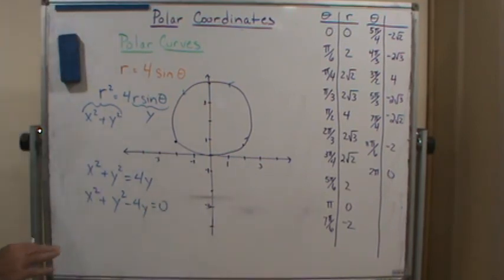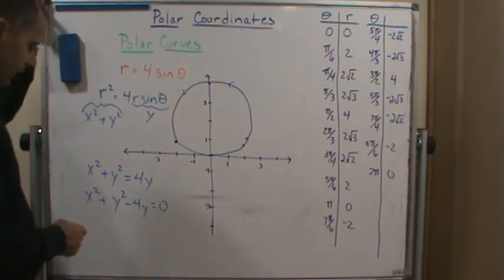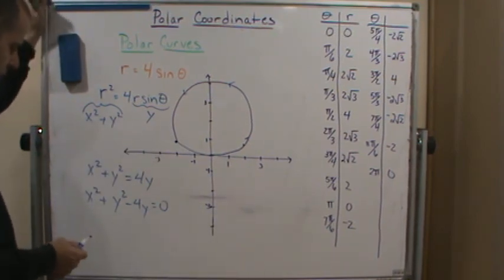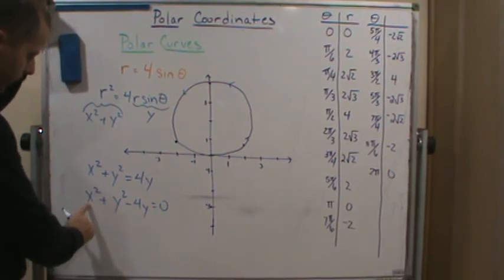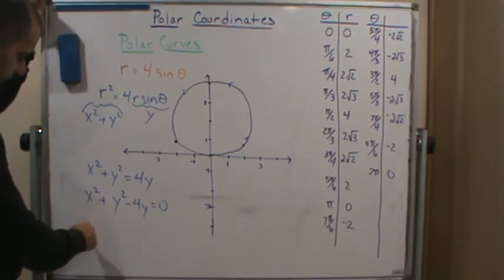Now again, it may have been a while since you have done this, but in college algebra, when you studied circles, one of the things you do is complete the square. Here we don't have to do anything with the x part because this is just x plus 0.